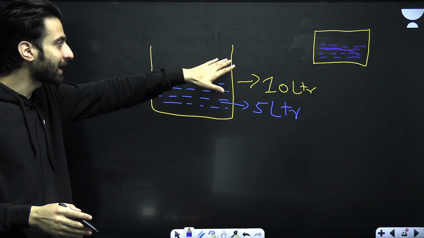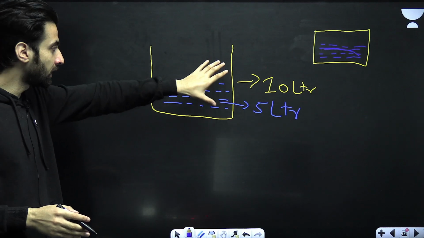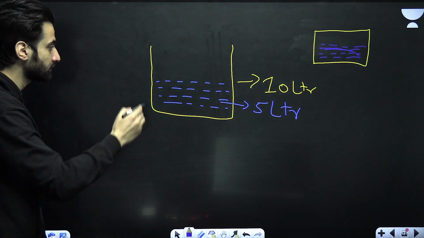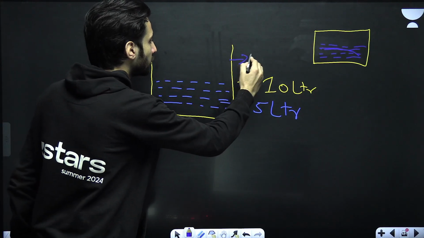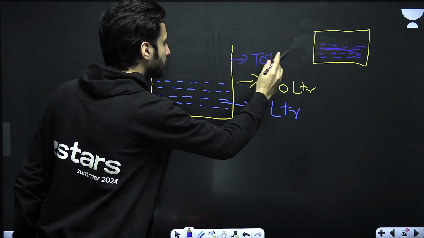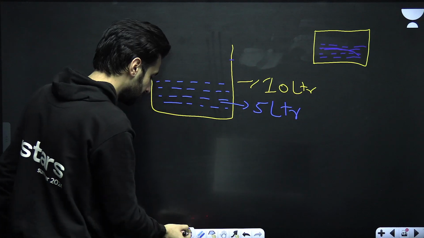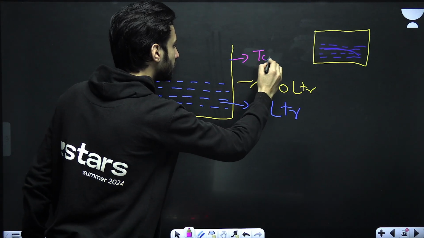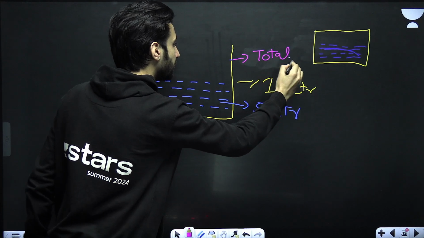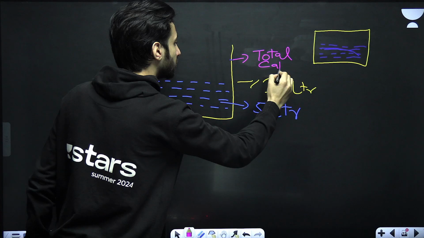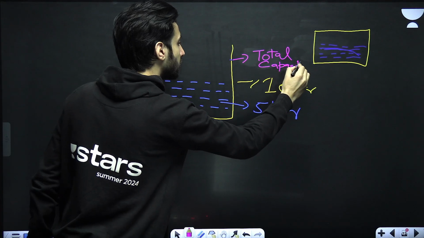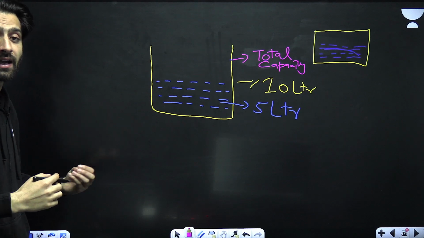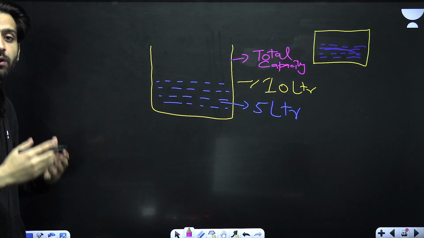This is the total capacity that the bucket has. And it is holding this much vapor, so we will term it as absolute humidity.